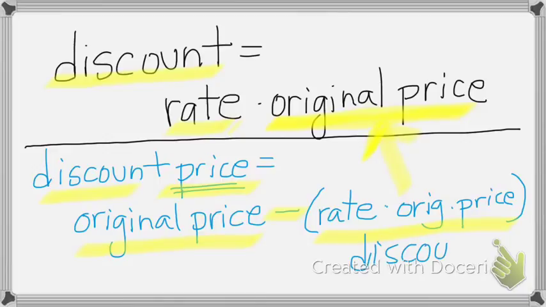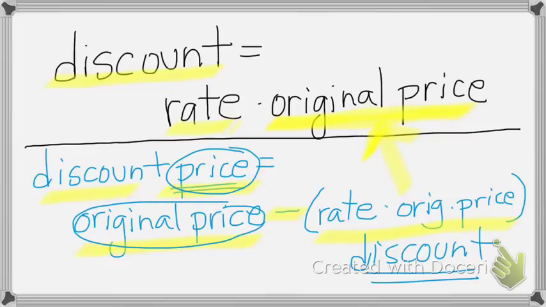That's the discount, this part right there, that portion that you're taking away. So again, discount is that part you're going to take away, and that's a rate times the original price. The discount price is taking that original price and taking away the discount, and that's what you're left with. It's a leftover.